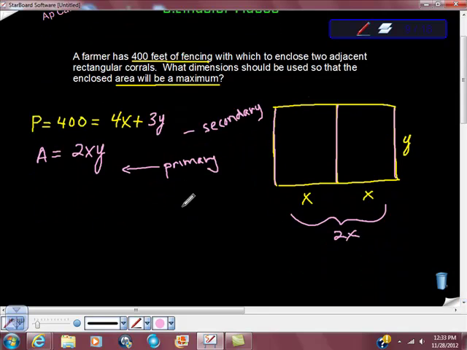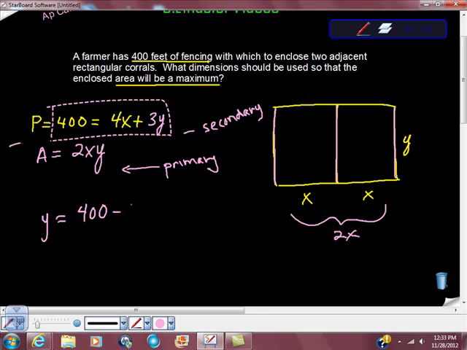Now what I'm going to do is solve the secondary equation in terms of one of the variables. So I'm going to solve this one for y, just do the algebra here. I'm taking this secondary function right here and solving for y, and it turns out that y is equal to 400 minus 4x all over 3.